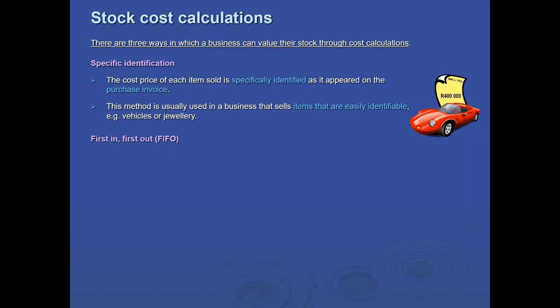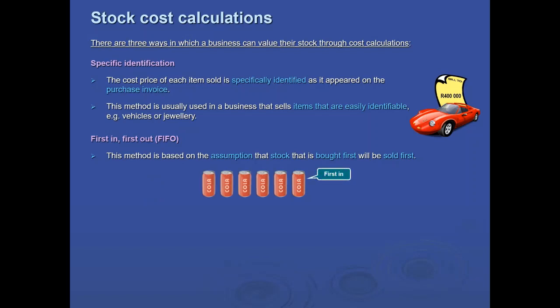Then we also have what we refer to as the first in, first out, or FIFO method. This method is based on the assumption that stock that is bought first will be sold first.